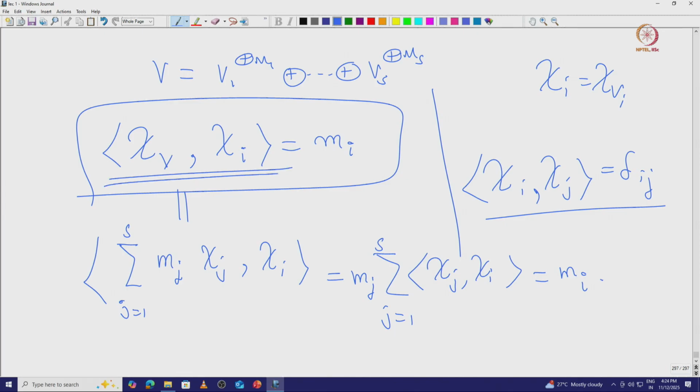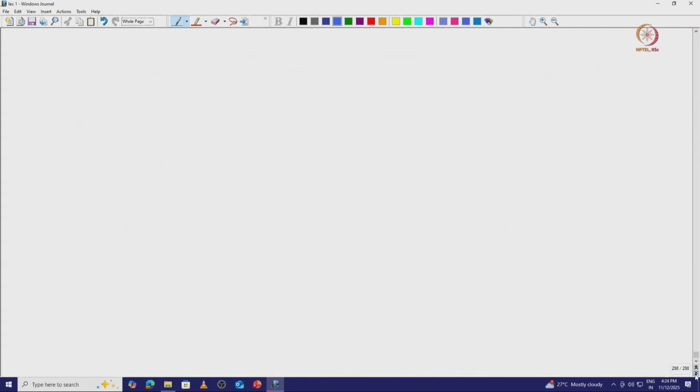Using that, we will be able to say what the multiplicity of a given irreducible representation inside the given representation V is. So, that tells us one can compute the decomposition by computing things about characters.